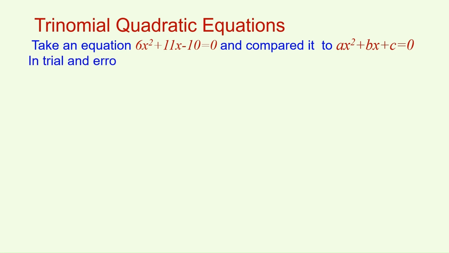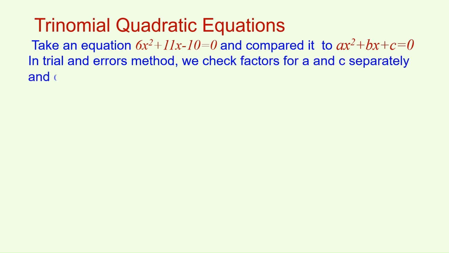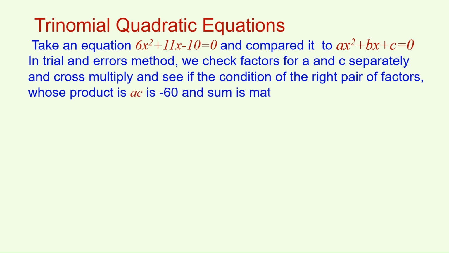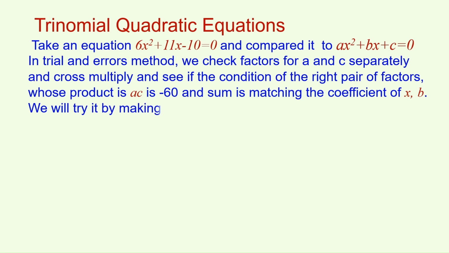The expression 6x squared plus 11x minus 10 equals 0 is compared to ax squared plus bx plus c equals 0. In the trial and error method, we check factors for a and c separately, and cross-multiply and see if the condition of the right pair of factors, whose product is ac, in this case minus 60, and sum is matching the coefficient of x, in this case 11. We try making a grid with factors of a and c as below, and try to get the right combination.